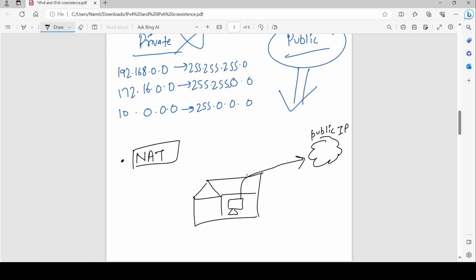To do so, network address translation was done. Your router does this job. The router converts your private IP into an internet routable IP so that it is allowed to send requests. Once you get the response back, the router reverses the process, converting the internet routable IP back into the private IP.